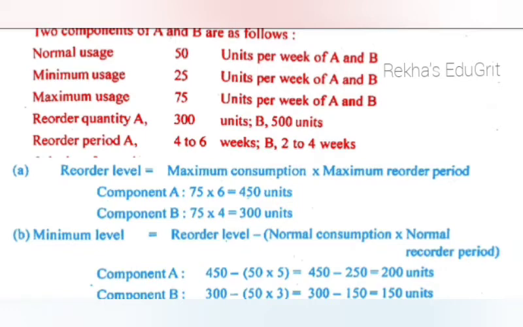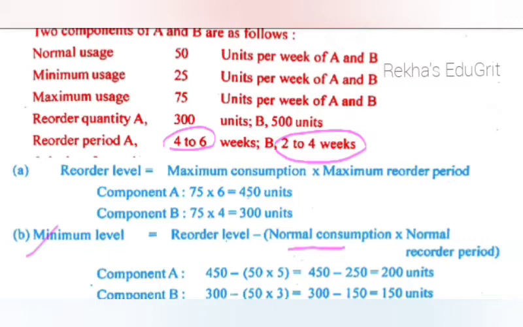Next we have to calculate the minimum level. The formula is reorder level minus normal consumption into normal reorder period. First, to find the normal consumption, it means the average, right? So here the average of 4 and 6 is 5, and for B, for 2 and 4, the average is 3.